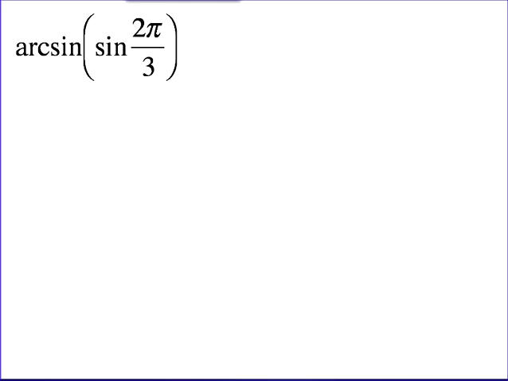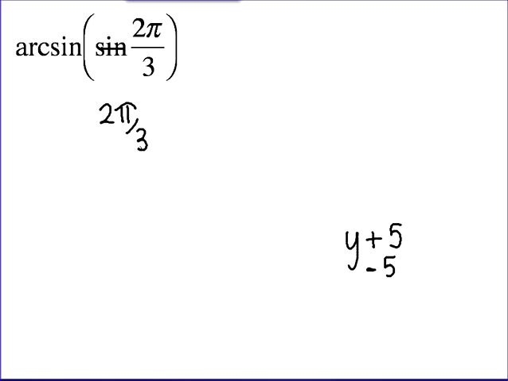Now what do we know about a function and its inverse? Like if I had y plus 5 and then I chose to subtract 5, they both undo each other, right? Well, this is a function and its inverse. Now the only issue we have is that if they undo each other, I get 2 pi over 3, right?